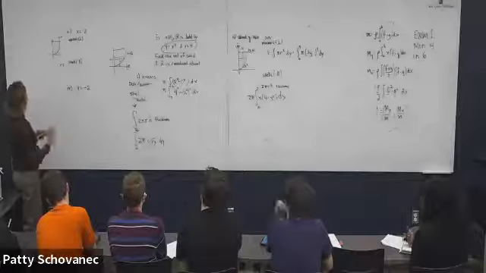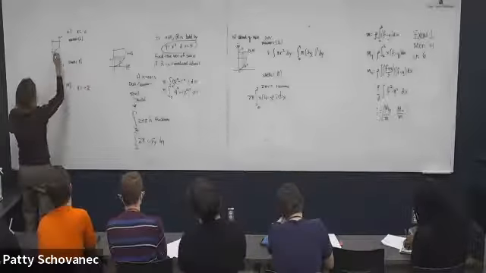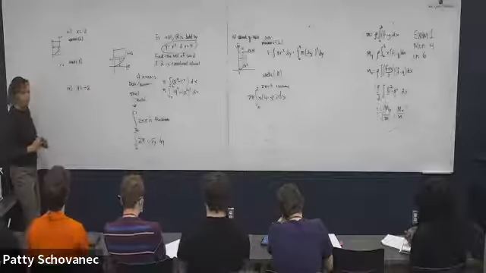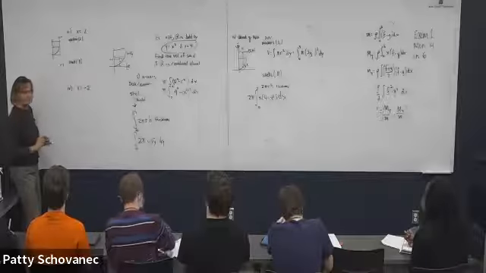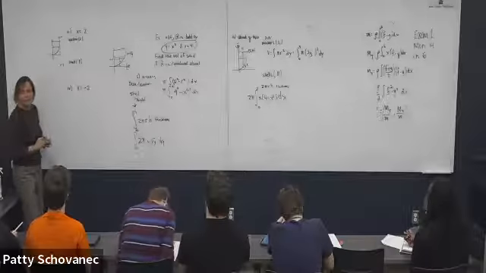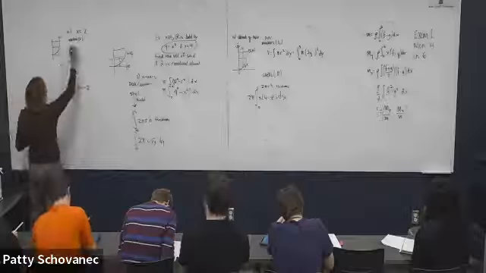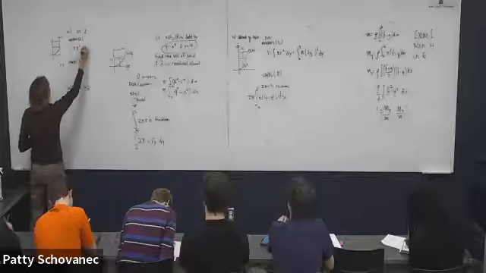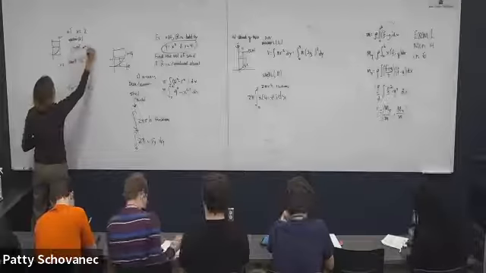So for the washer, they have to go dy, right? That little blue line's perpendicular to the dotted line. So the washer is pi outer radius squared minus inner radius squared, and in this case, dy.